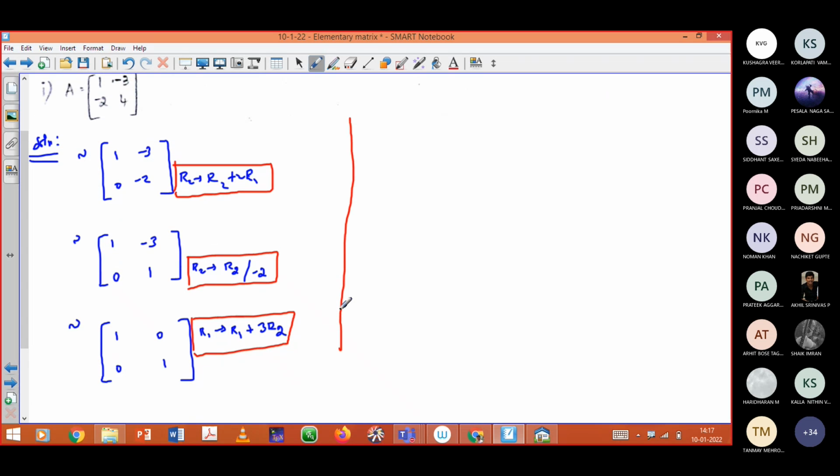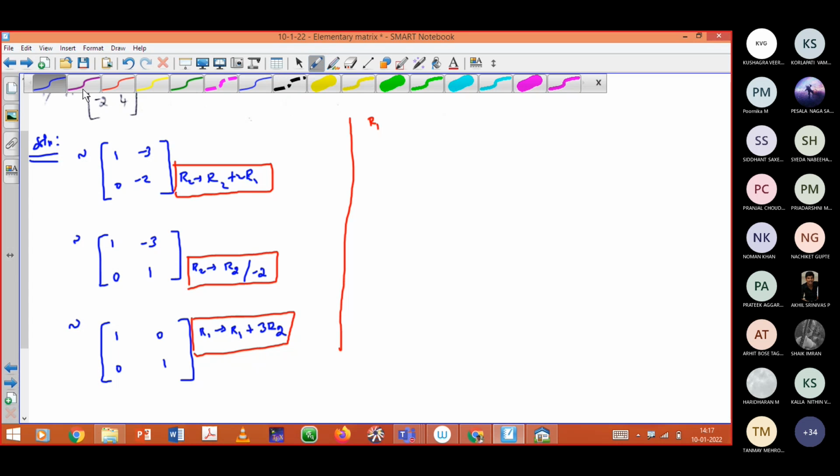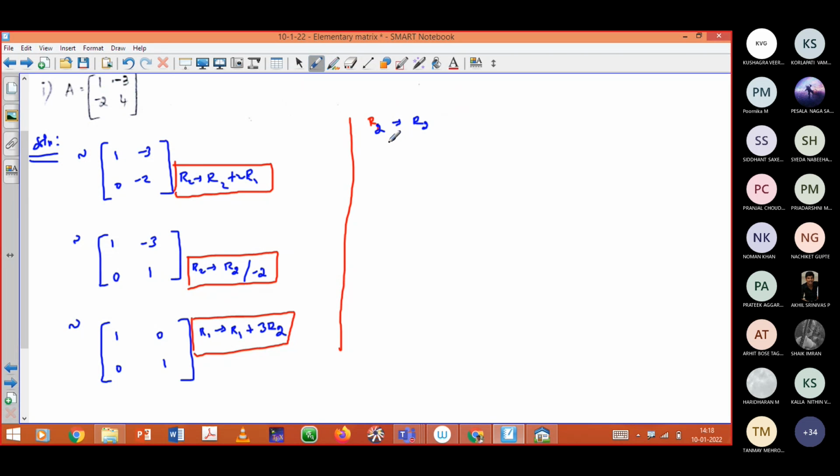Now my task is to determine E1 dash. E1 dash can be derived from the case R2 gives R2. See here, in the elementary matrix derivation, if you used a plus symbol between the rows, you have to use the opposite sign.